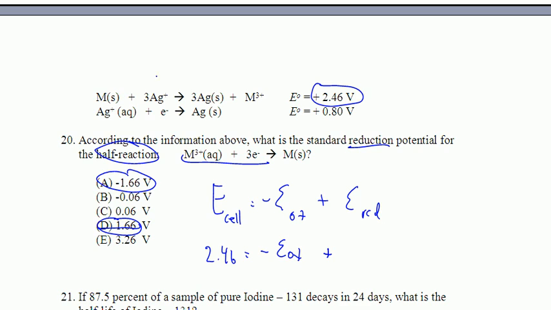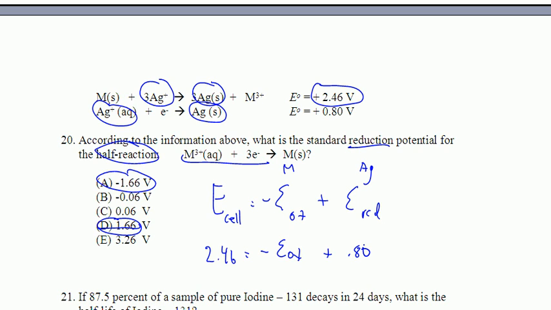Now notice, in this problem, silver is reduced, and they gave us silver being reduced. So the one who is reduced is the silver, and the one who's being oxidized is this M. So the silver value is 0.80.